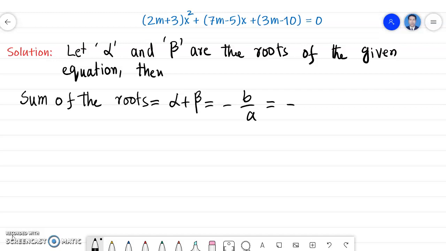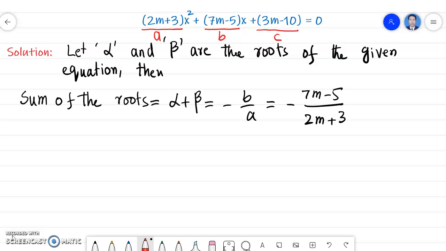This is minus b, the value 7m minus 5, over a, the value 2m plus 3. Highlight this if you find it difficult: this is a, this is b, and this is c.